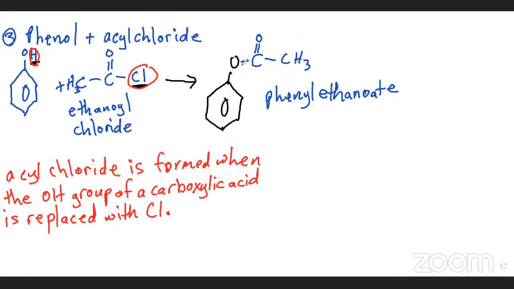This compound is formed simply. You take the chlorine off of ethanoyl chloride, you take the hydrogen off of phenol, and you put the oxygen of phenol where the chlorine was. That's how we got this compound.